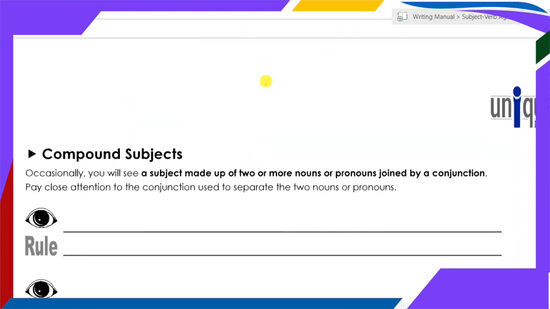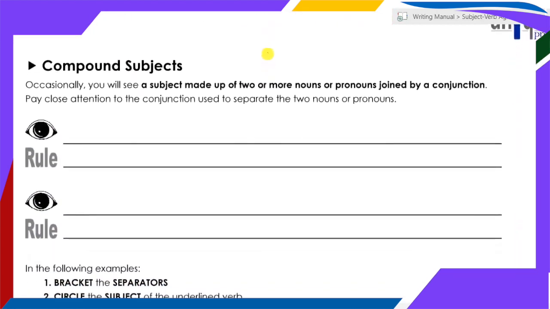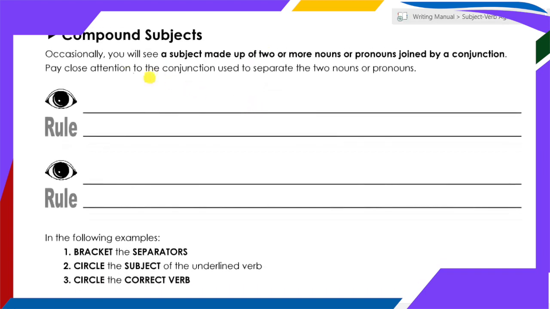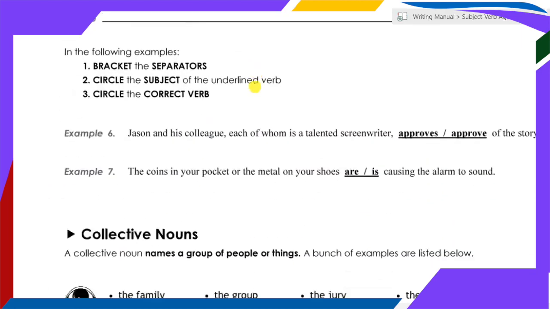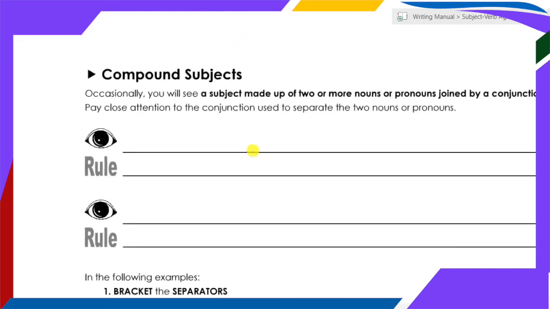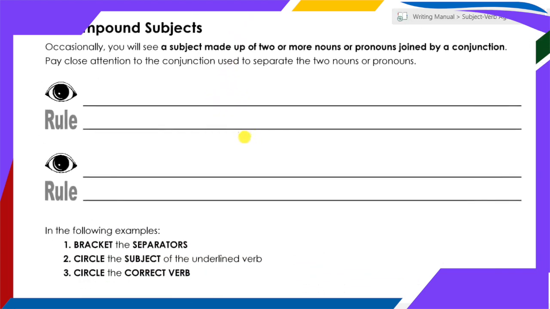Now we move on to another way that ETS might make it a little bit tough for us to determine if our subject is singular or plural. We have to talk about compound subjects. Just to check back in on the page number, we are on page 17, in case you lost your page. So what is a compound subject?